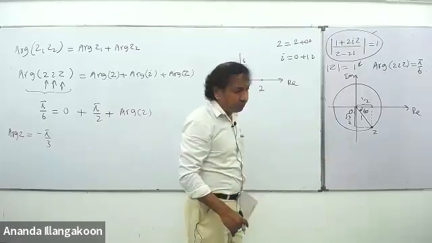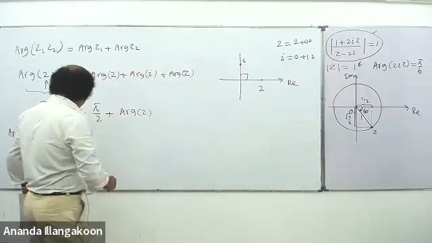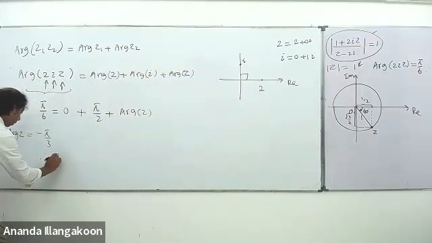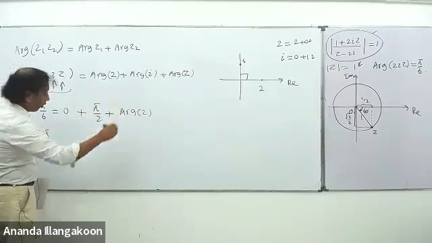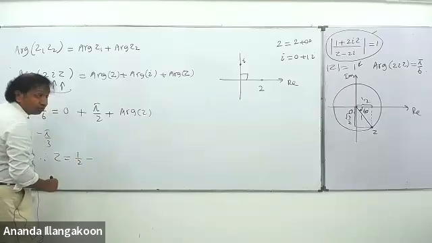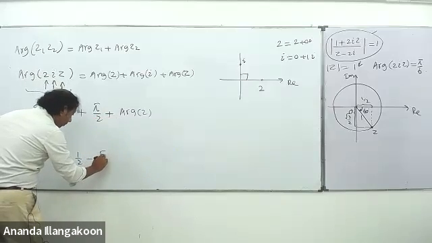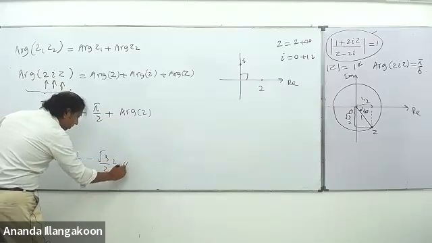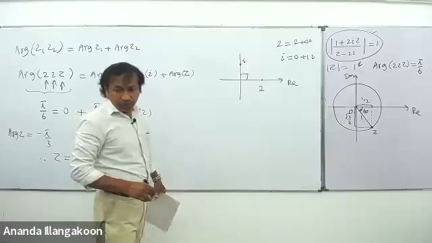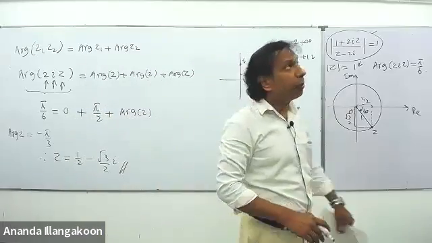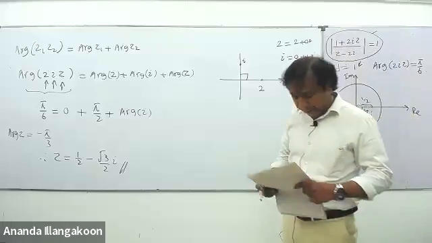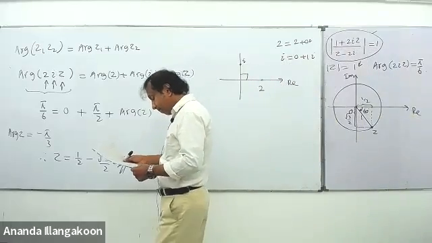Then you can write z. All right. Therefore, z is half minus root 3 by 2 i. This is the required complex number. Okay.